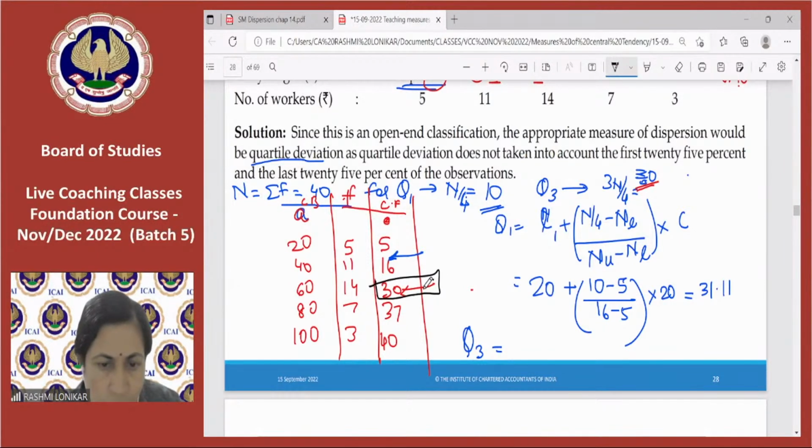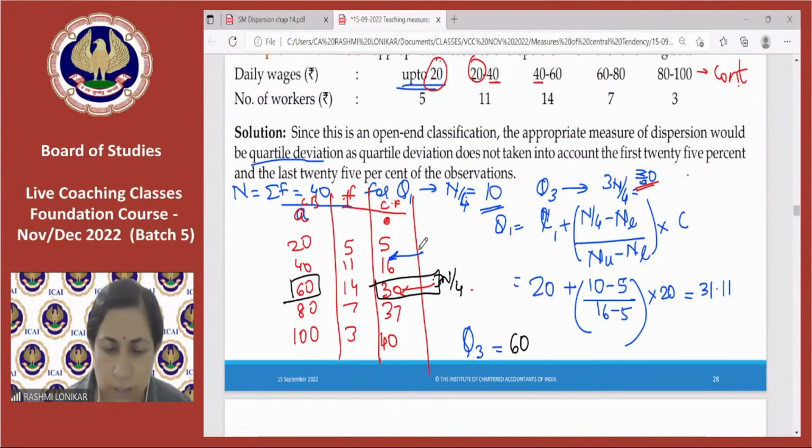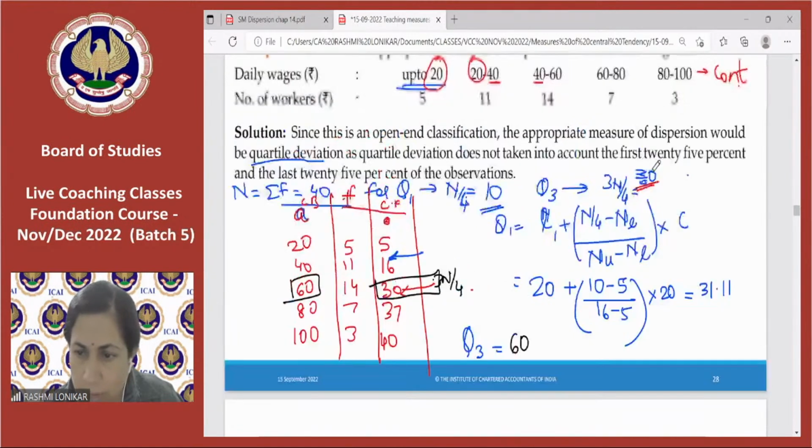For Q3, 3N by 4 is already here. So Q3 will be 60. I don't have to put it in all this formula because I am already getting this 30. So Q3 is 60.